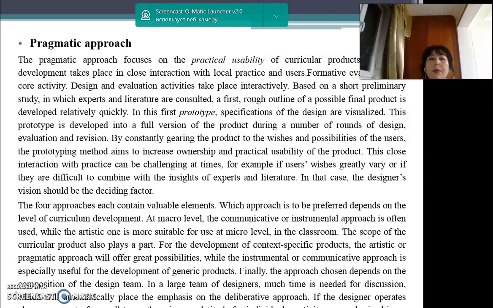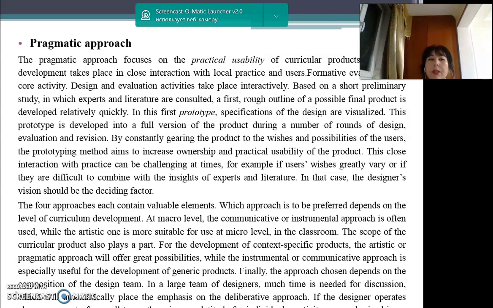This prototype is developed into a full version of the product during a number of rounds of design, evaluation, and revision. By constantly gearing the product to the wishes and possibilities of the users, the prototyping method aims to increase ownership and practical usability of the product.